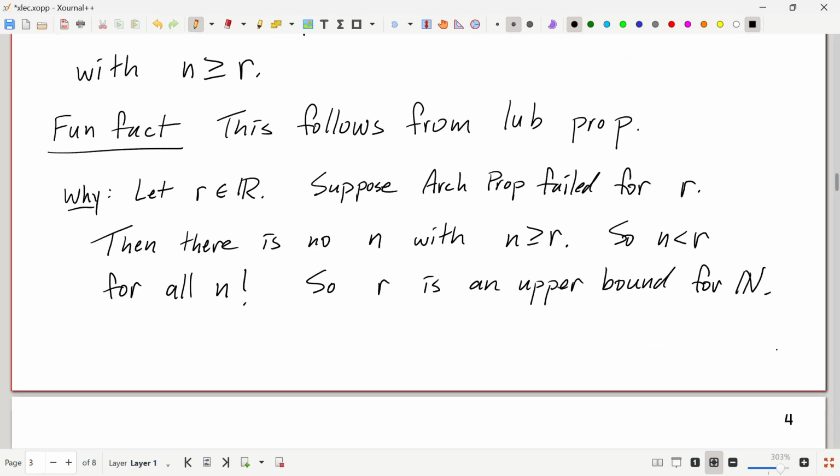And so now we know from the least upper bound principle that there's a least upper bound, or sup, of the natural numbers. Well, how can I see it's a least upper bound for n?